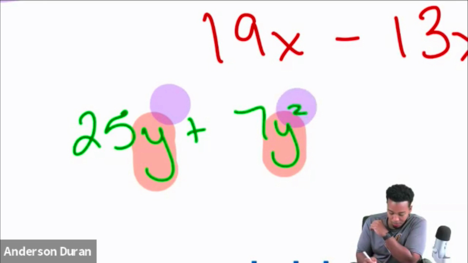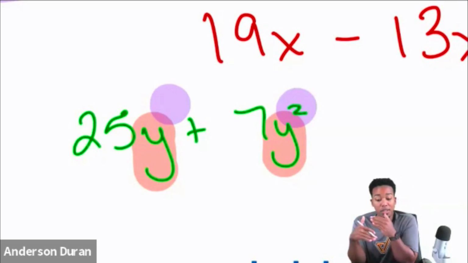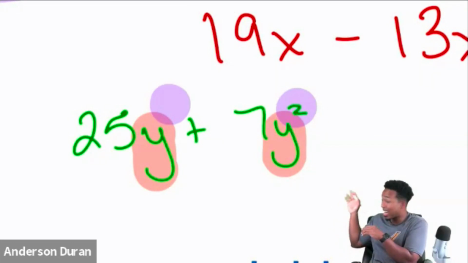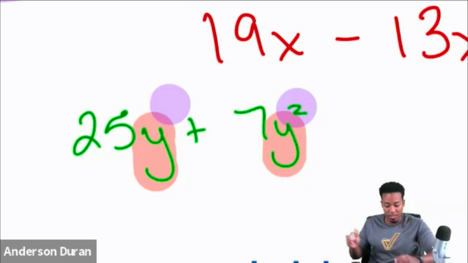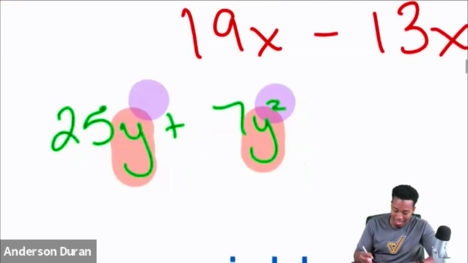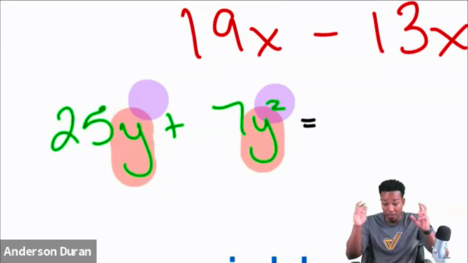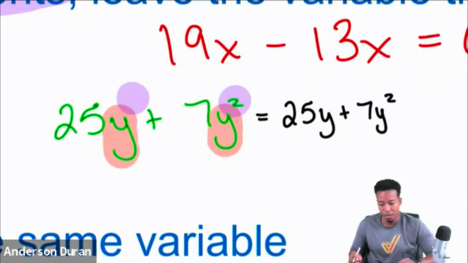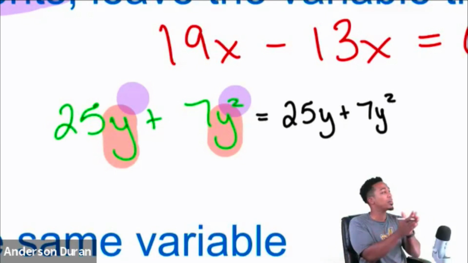Nothing there, a 2 there. Because of that, these are not like terms. We cannot add these. We would just leave it the same. So if we're asked to add something like that, the simplified result would just be 25y plus 7y squared. So yes or no, my party people, does that make sense?